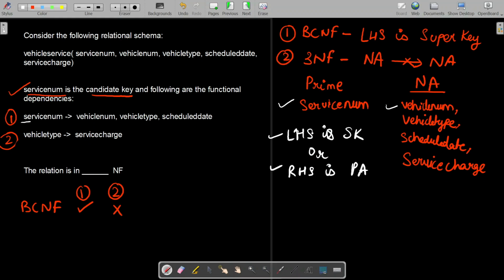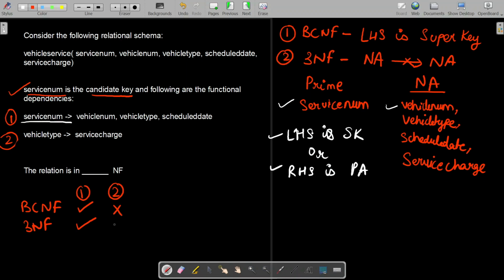So as we know, service num is our candidate key, and as it is a candidate key, it will also be a super key. So now we can see that in the first functional dependency, our LHS is a super key, so it will be in 3NF, and it will also be in 3NF as it was in BCNF. So if the higher normal form is satisfied, then the lower normal form will also be satisfied. Now let's check for the second functional dependency.